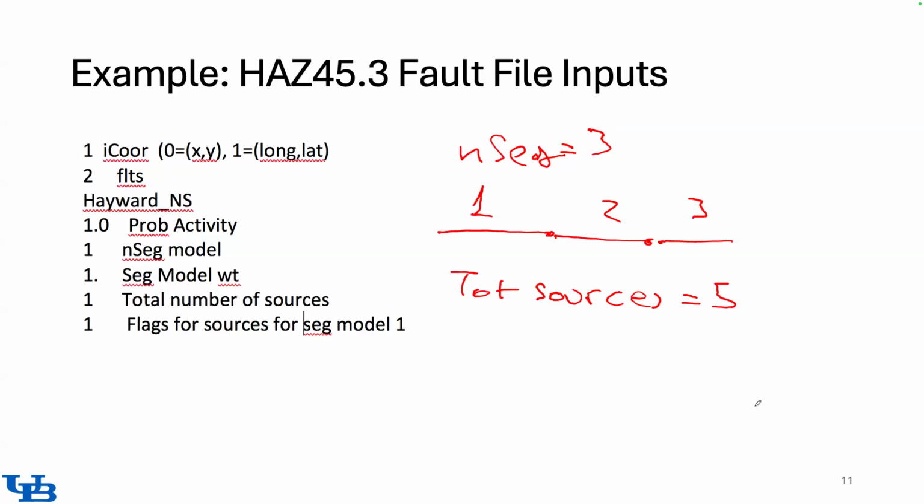That will be 5 sources. You can have 6 sources where you also have the case where 2 and 3 are rupturing together. And this is again information that you typically get. So you can have segment 1, segment 2, segment 3, 1 plus 2, and 1 plus 2 plus 3.